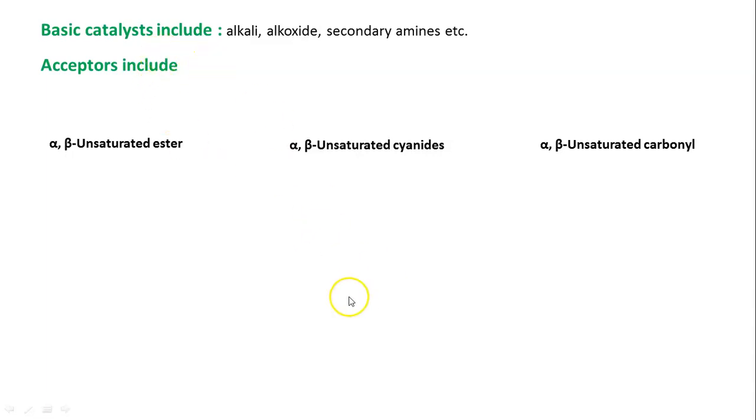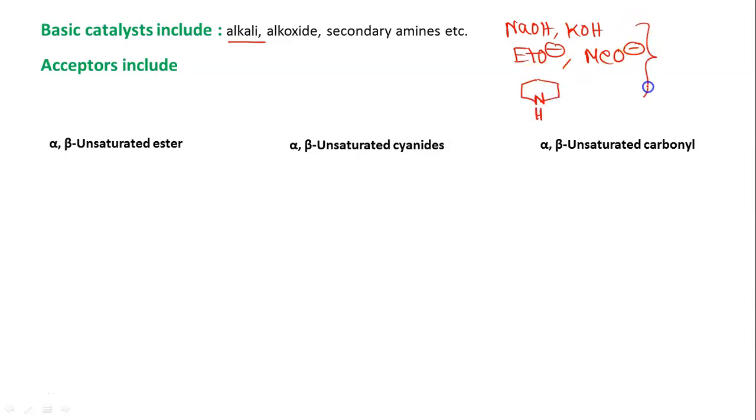So here the basic catalyst that we can use may be alkali, for example NaOH, KOH, and it may be alkoxide, that means EtO minus, MeO minus, and it may be a secondary amine, for example piperidine. All these can be used as basic catalyst. And acceptors include alpha beta unsaturated ester, that means R-CH=CH-COOR prime.